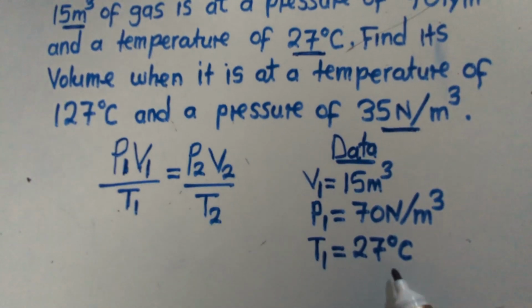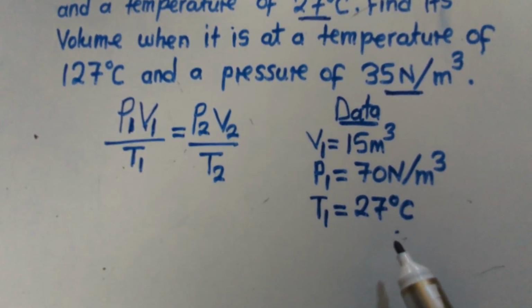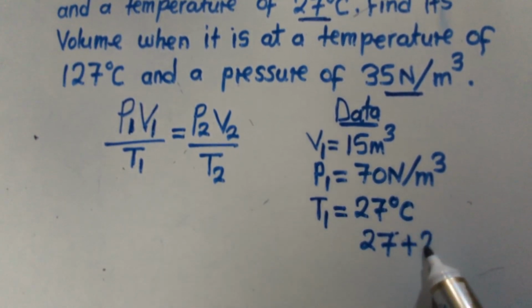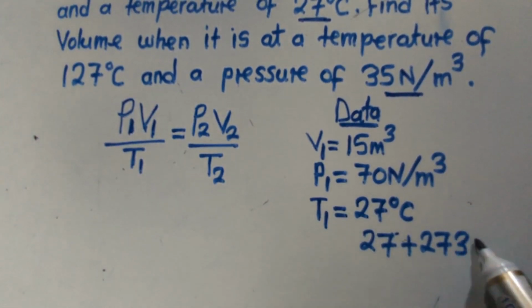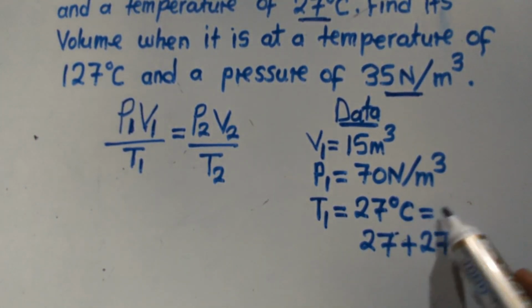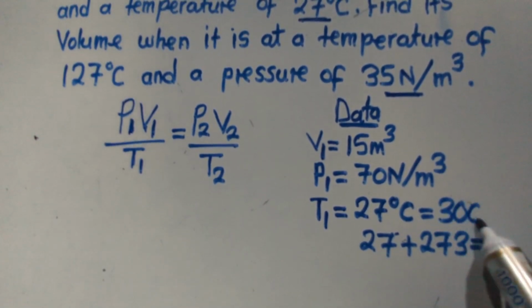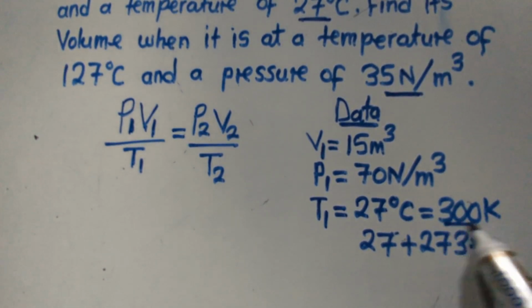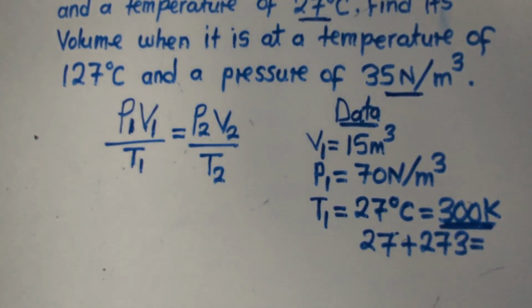To convert this, you just add the constant, 27 plus 273. What answer are you getting? This is the same as 300 kelvins. So 27 degrees is the same as 300 kelvins.